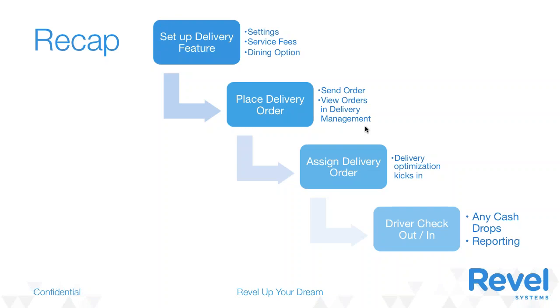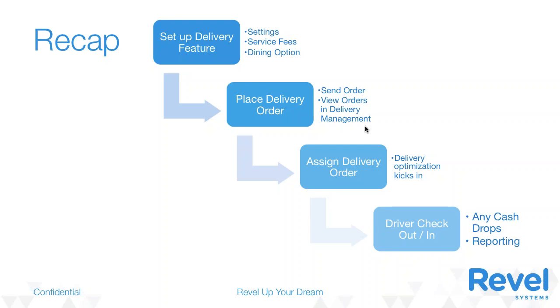Once the order has been sent to the kitchen and it's cooking or it's cooked, I can assign the order to a delivery driver. So on my delivery management screen, I'm selecting the orders and then choosing the driver to assign it to. Based on my delivery optimization parameters I chose, I can select and assign the orders if they fall within that specific time range.